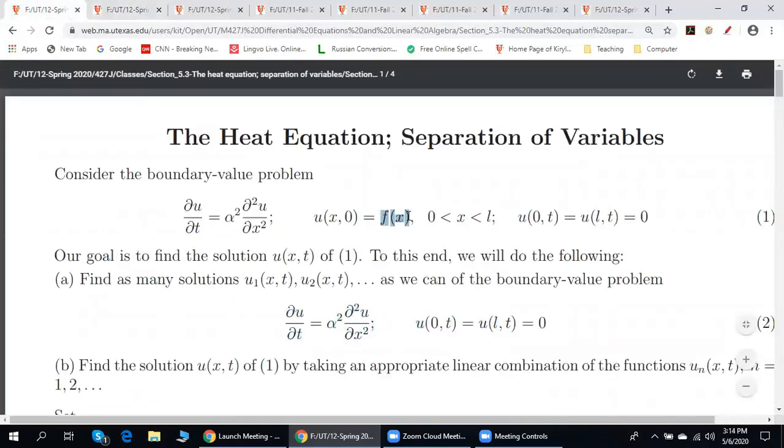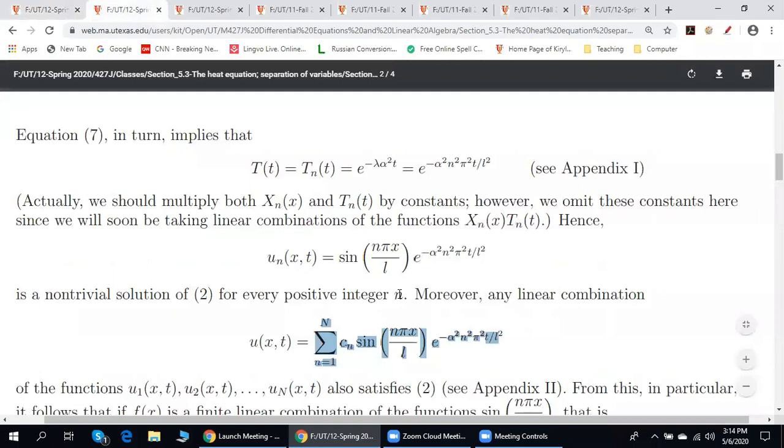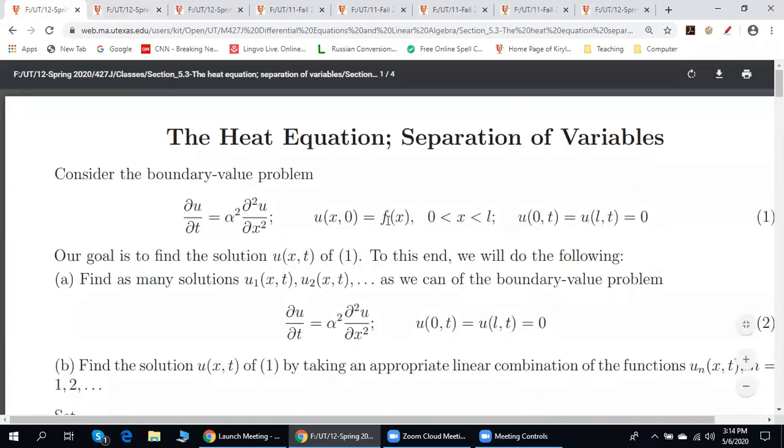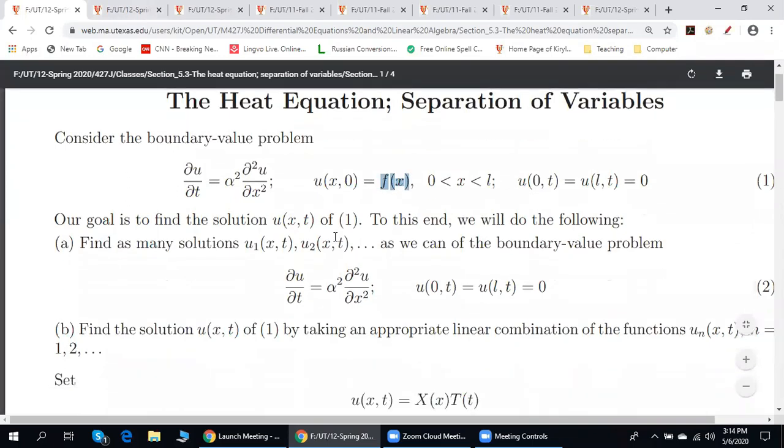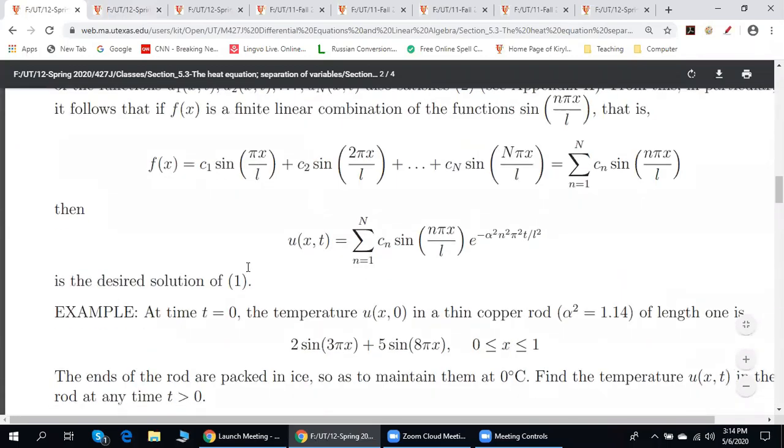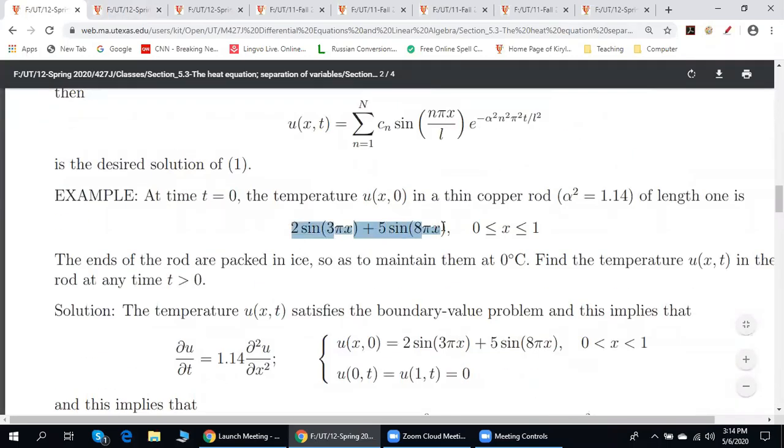f of x is of a special form, then it will be possible to find C1, C2, and so on, Cn, such that this, when t is 0, is equal to our given function f of x. By the way, it's exactly what happens in this example. F of x is of a very special form.